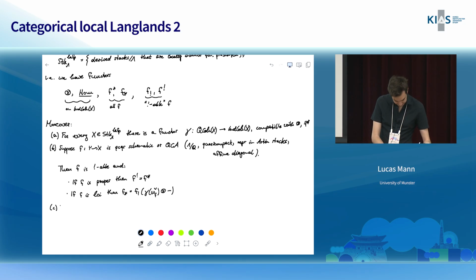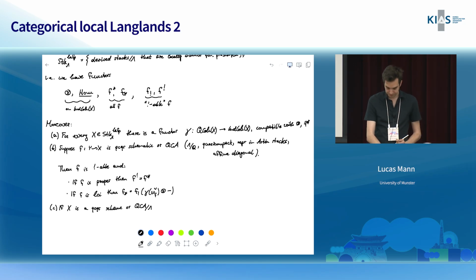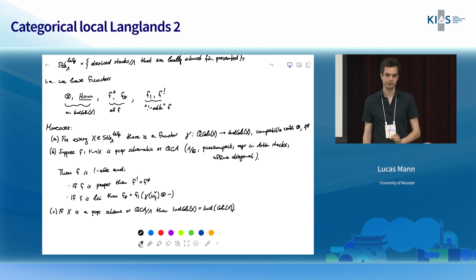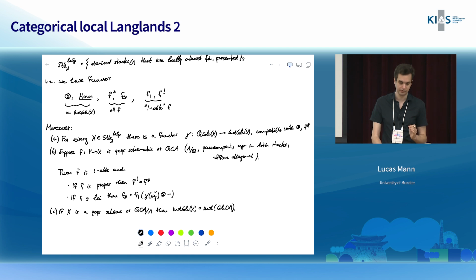Okay, and then last, if X is a QCQS scheme, or QCA over Lambda, then this IndCoh of X is really just Ind of Coh of X. And let me remark here, this QCA requires Lambda to be in characteristic 0, and in positive characteristic this fails, unless you put some much stronger assumptions on this.